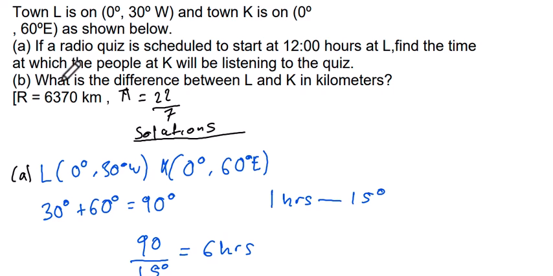We now look at question B. It says, what is the difference between L and K in kilometers? Where R is 6370, and pi is given by 22 over 7 in this particular case.